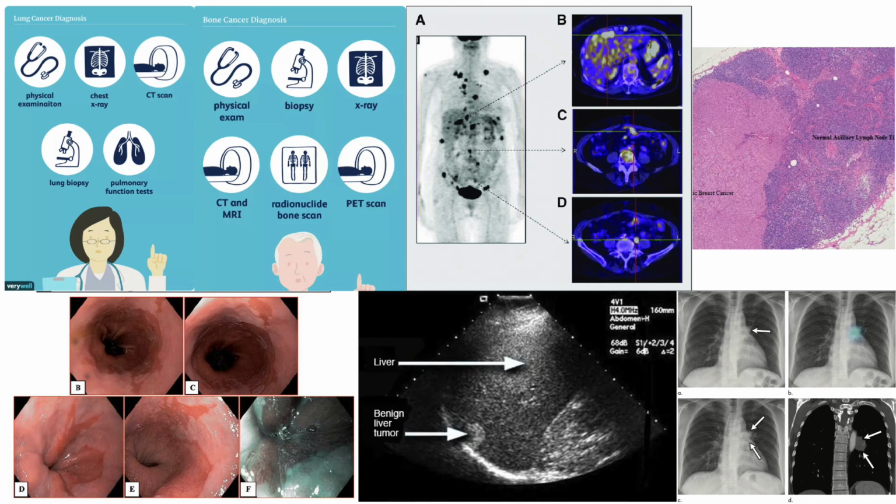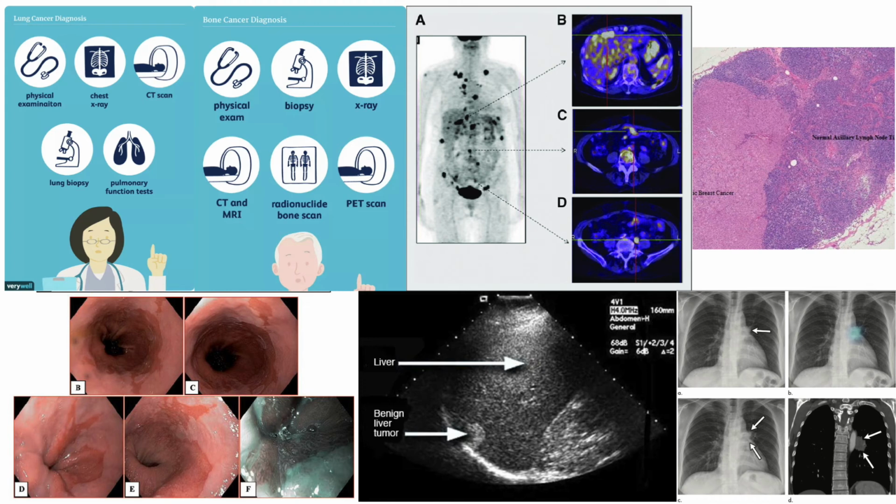Here you can see a metastatic ovarian carcinoma in picture A. Ultrasound of the liver with a benign liver tumor is just beneath it. On the bottom left there is an endoscopy with narrowband imaging of the esophagus in a patient with esophageal cancer. In narrowband imaging you are able to identify the blood vessels that run through the channel you are seeking.